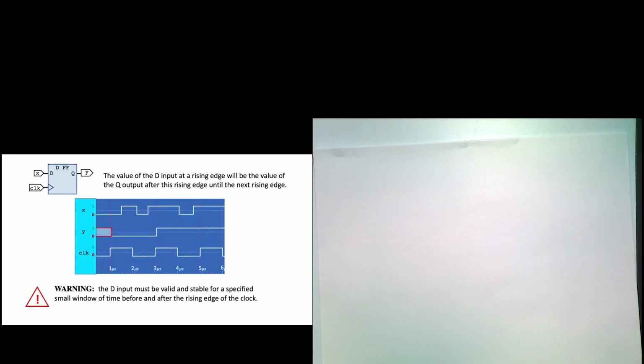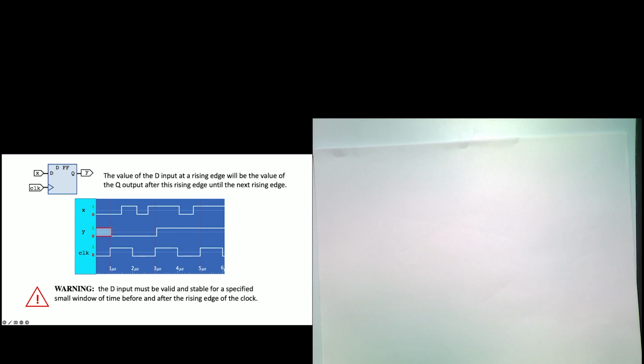Okay, we looked at how the D flip-flop behaved. The D flip-flop will load whatever's on the D input at the rising edge of the clock. These flip-flops only react to the rising edge, not the falling edge. So whatever value is on the D input, that's the value the output will take on a little bit after the clock edge.